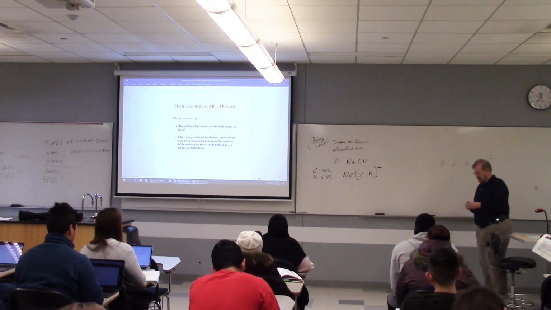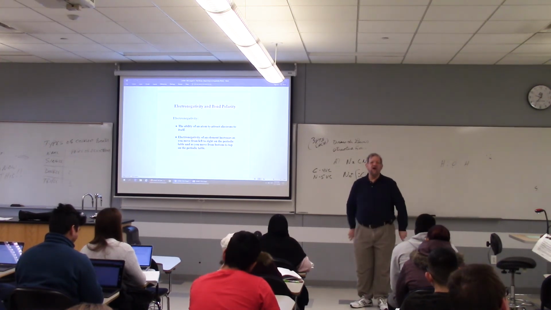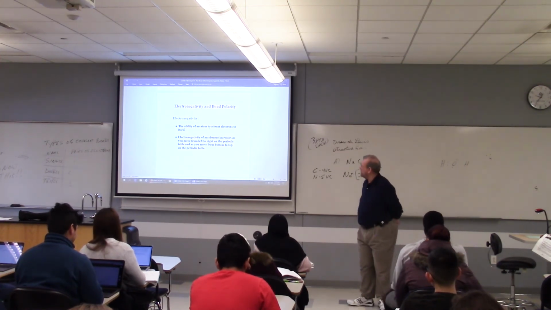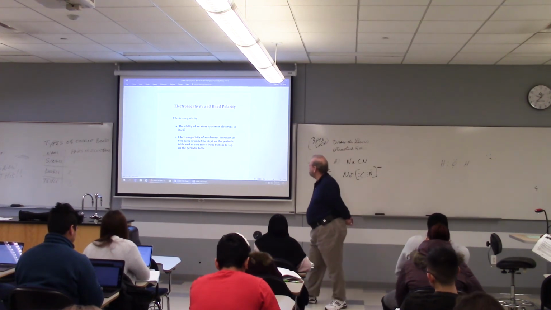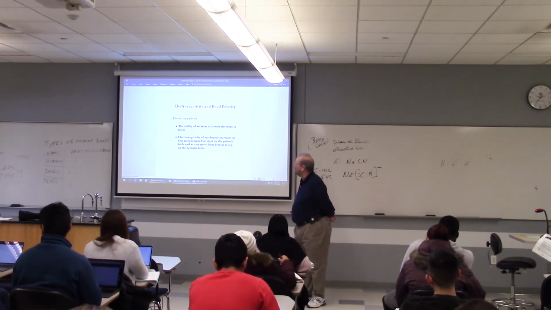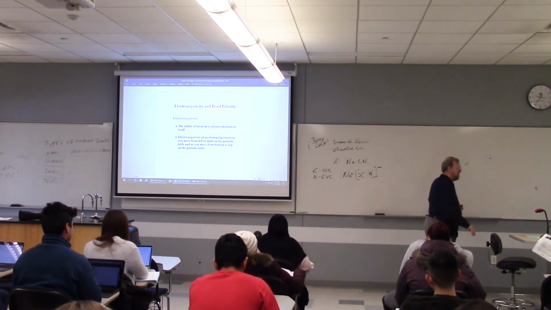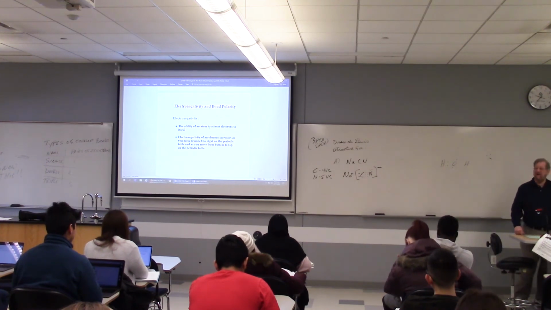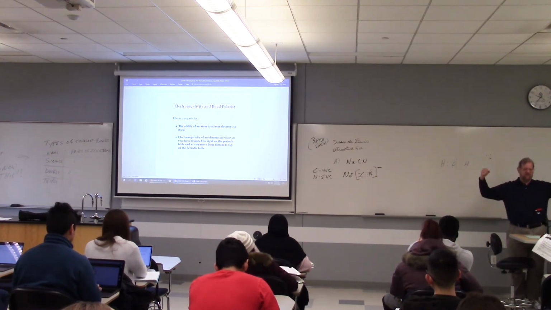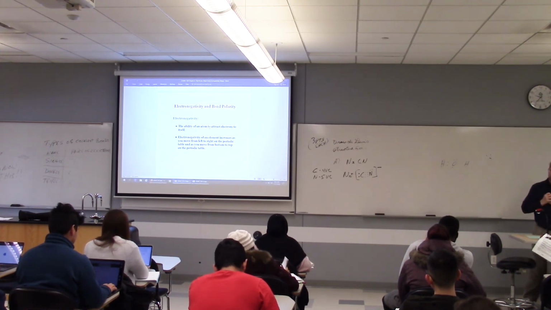Another thing I'd like to talk about, and I'll come back to this later on, is called electronegativity. Electronegativity is the ability of an atom to attract electrons to itself. If I'm, say, hydrogen and oxygen, they're sharing a pair of electrons, but if I'm stronger than the other atom, I can say, let's share them, but share them closer to me.